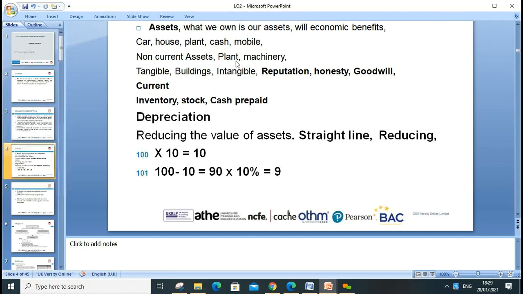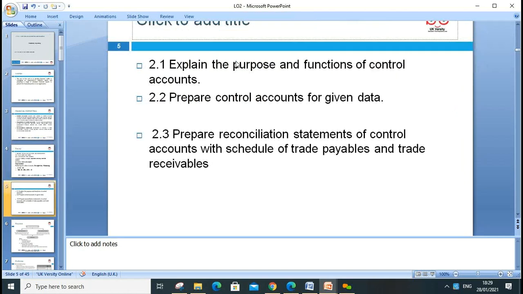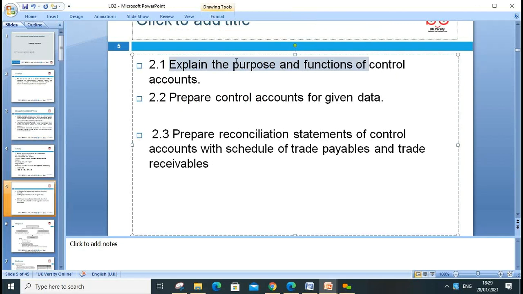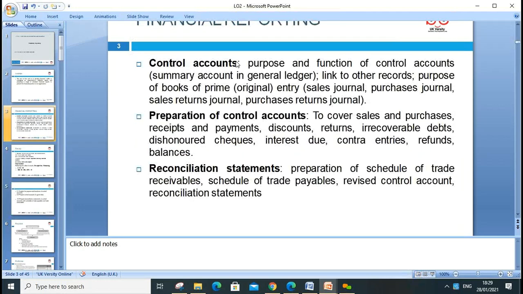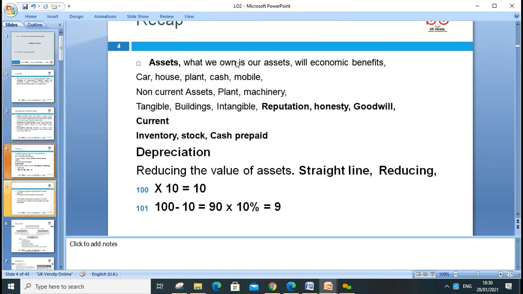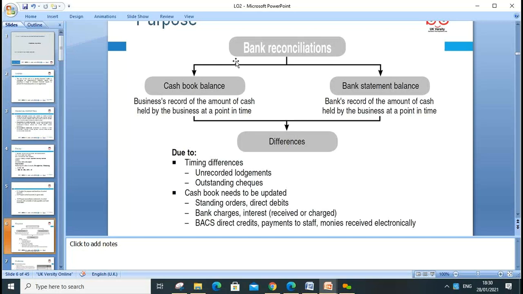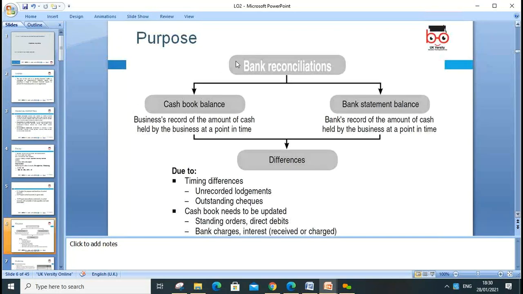So we'll move to today's lesson. Today we have three assessment criteria: explain the purpose and function of control accounts, prepare control accounts, and reconcile. Those are the three key things we need to cover. First, I have included bank reconciliation.